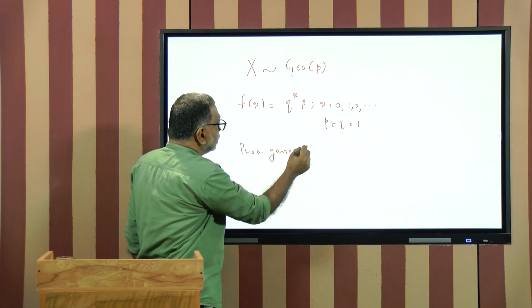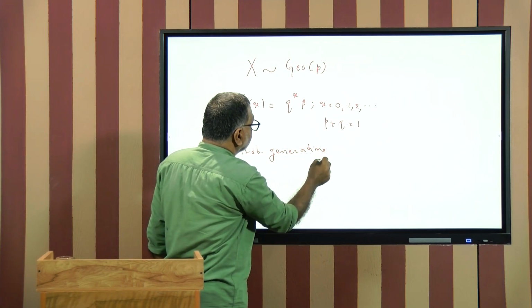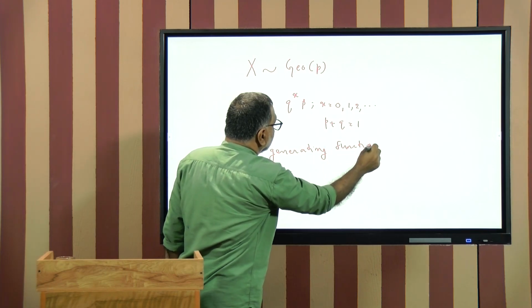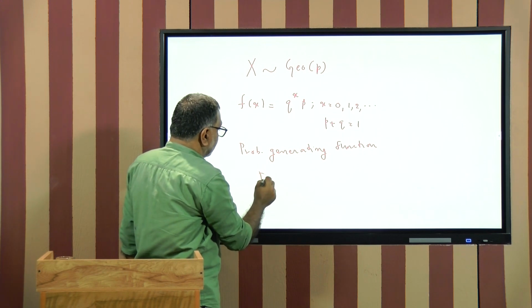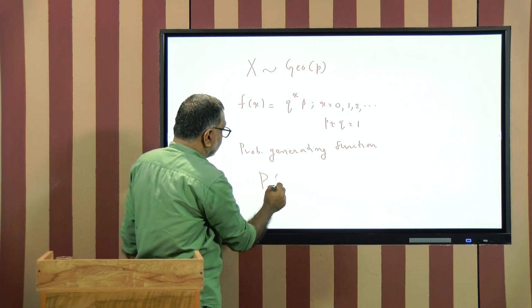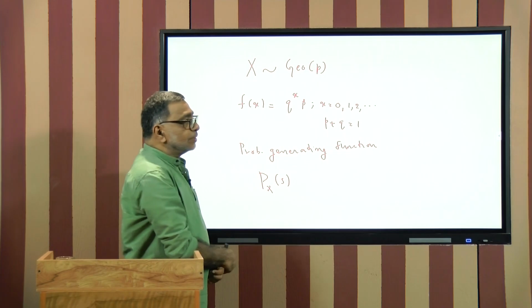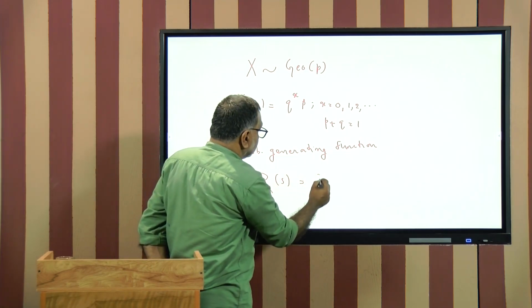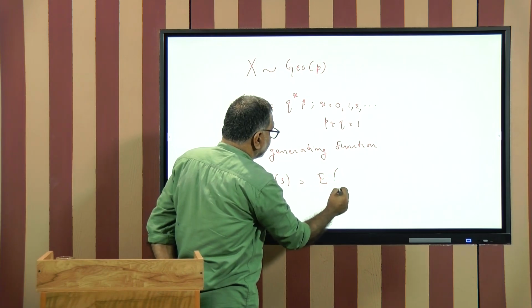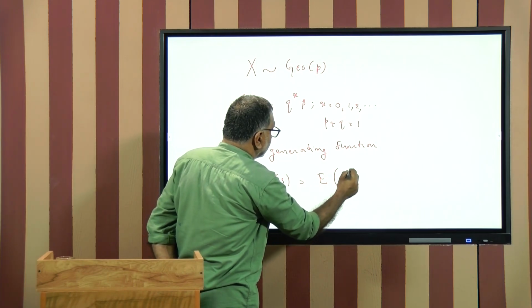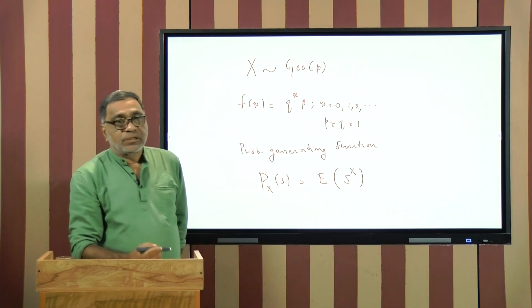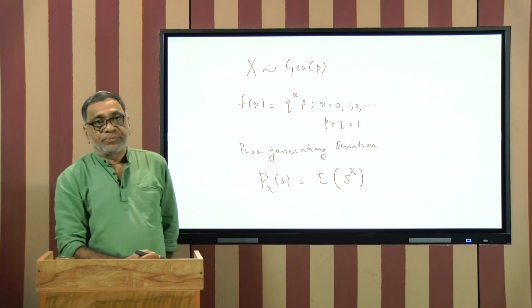Probability generating function of the geometric random variable, denoted by P_X(s), is defined as the expectation of s^X, where s is a real valued quantity.